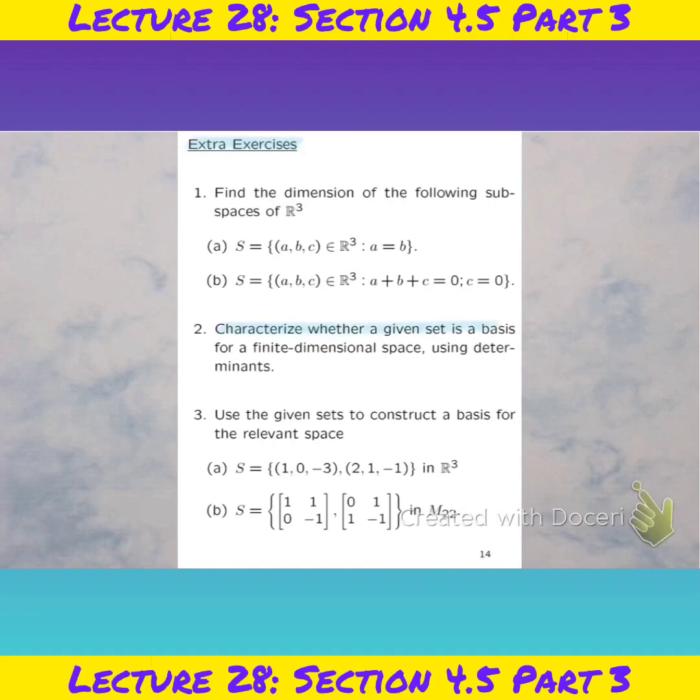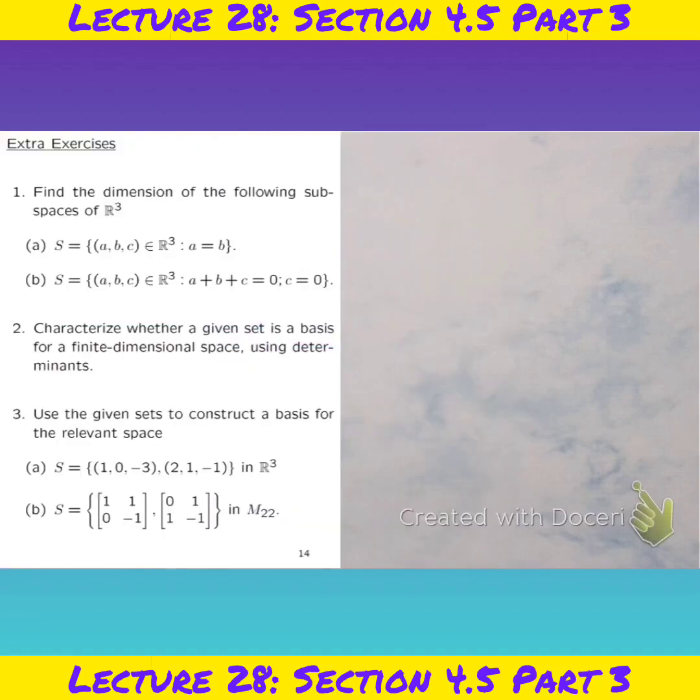Here they ask me to characterize whether a given set is a basis for a finite dimensional space using determinants. Depending on what the vectors look like, I want you guys to go and think back again to all the theorems we've looked at.